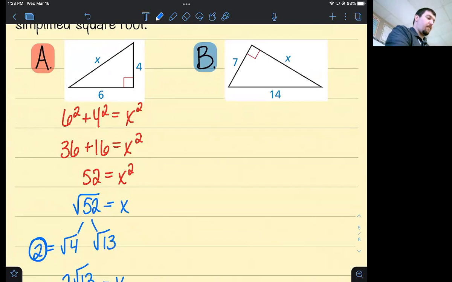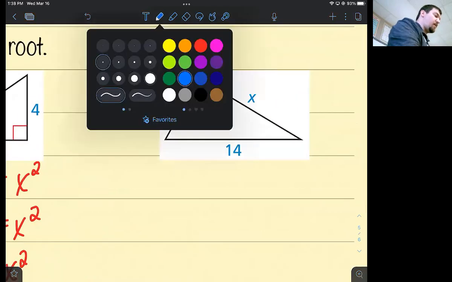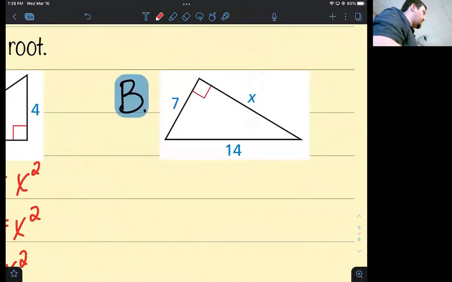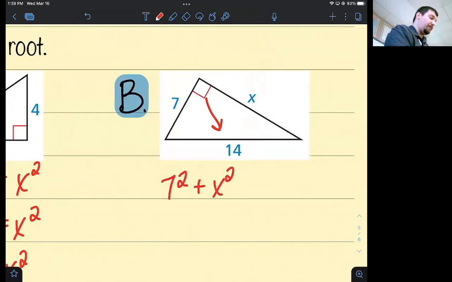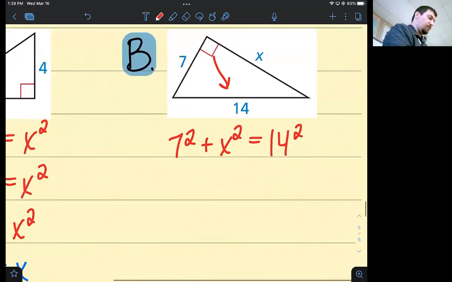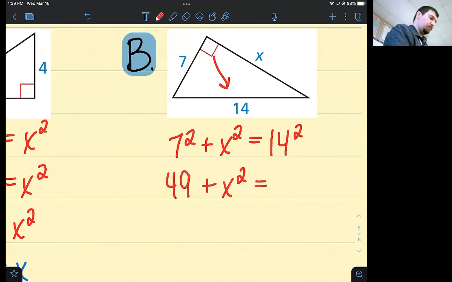Let's do the next one. Connor, am I missing a leg or a hypotenuse? Are you sure? Yeah, I was going to say the hypotenuse is always across from the right angle. So I'm going to do 7 squared plus x squared equals 14 squared. Connor, do you know what 14 squared is? That's right.